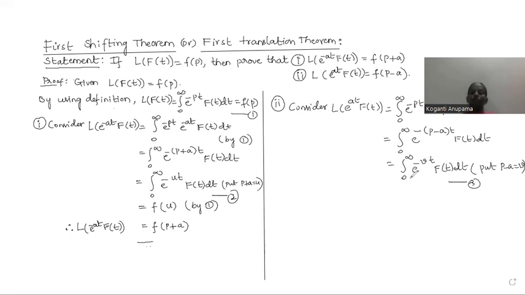If here is v, then its value becomes F of v. Finally, what is v? By our assumption, p minus a. So, with what we started, the Laplace transform of e power at f of t, finally we reached its value as F of p minus a. That's our requirement we reached. Thank you.